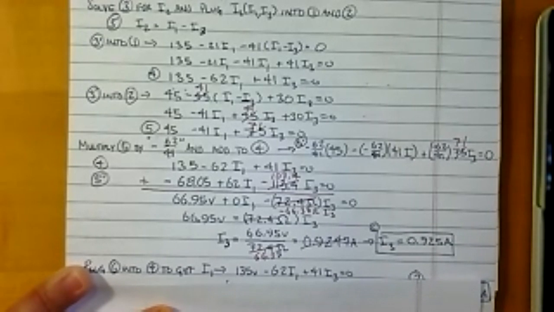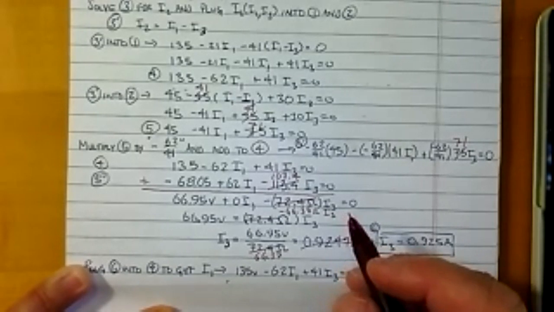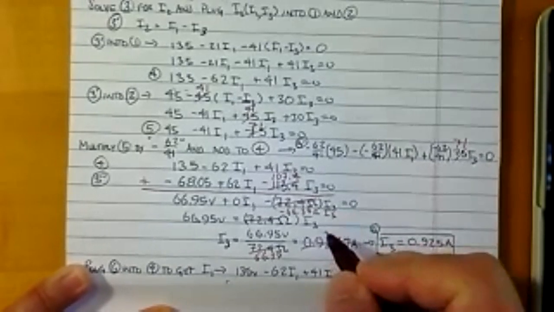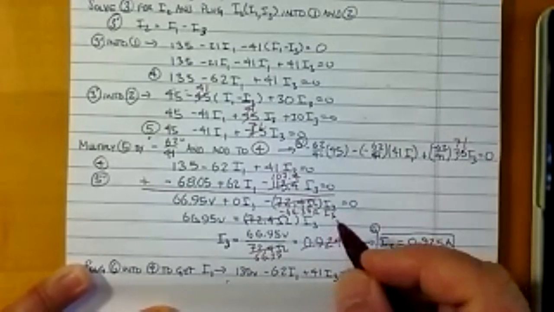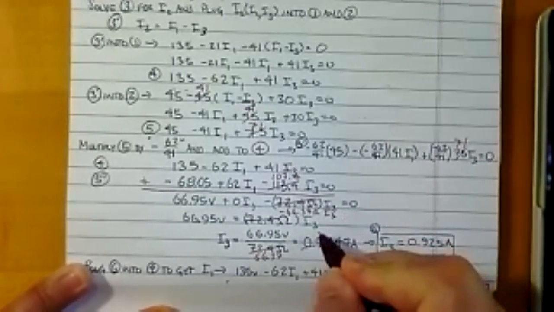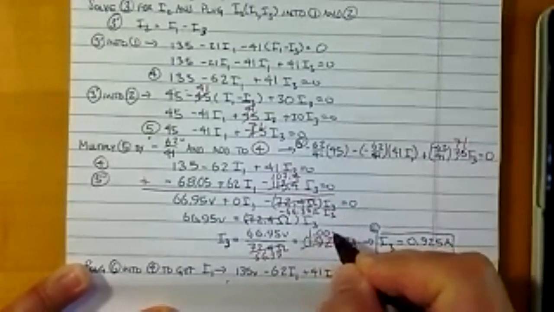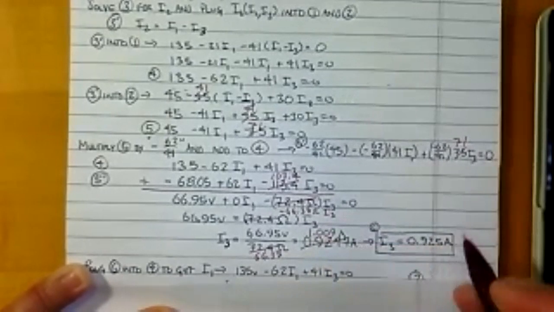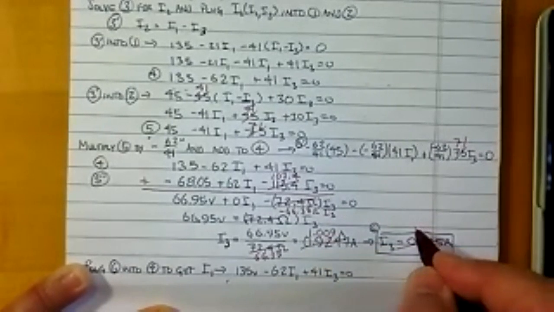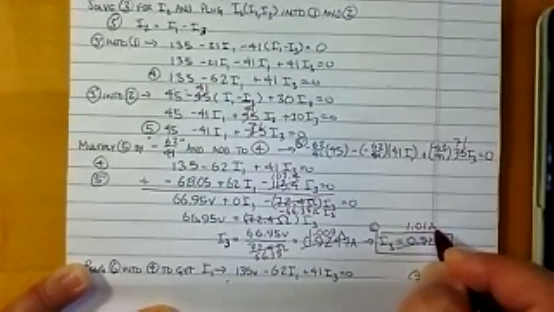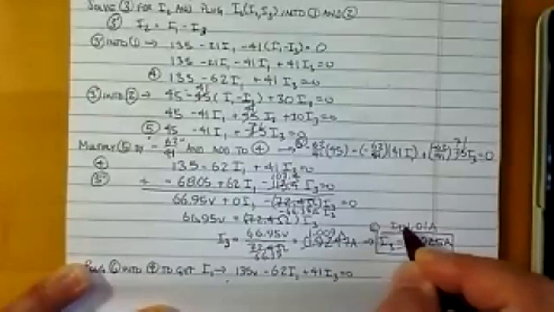I'm going to get 1.01 amps, 1.009 actually, which I'm going to call 1.01 amps is equal to I3.